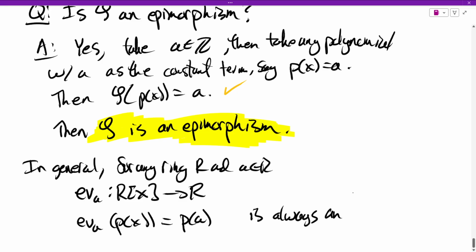So it's a surjective or onto homomorphism. It is always not a monomorphism, and therefore it is always not an isomorphism. And you'll prove that. And the proof is exactly the same. You replace all the zeros with an a, you replace all the Z's with an R, and it basically writes itself.